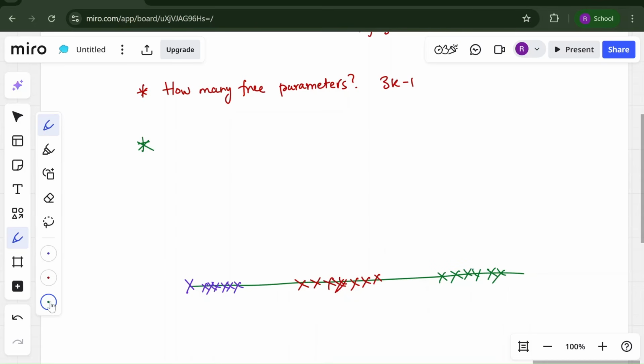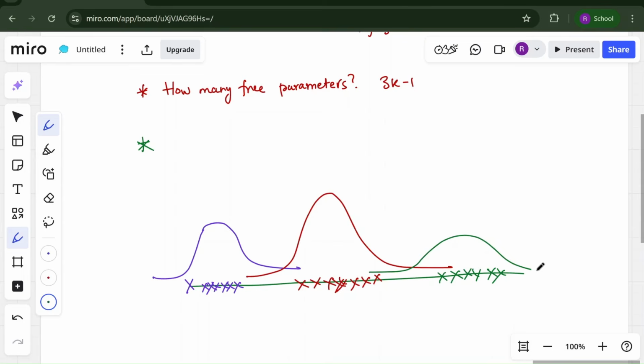And individually, it will look something like this. So let's say you have a small normal distribution here. You have another small normal distribution here, maybe a bigger one, and then you have an even smaller normal distribution here. Why does it look like this? Because there will be students who have studied a lot.